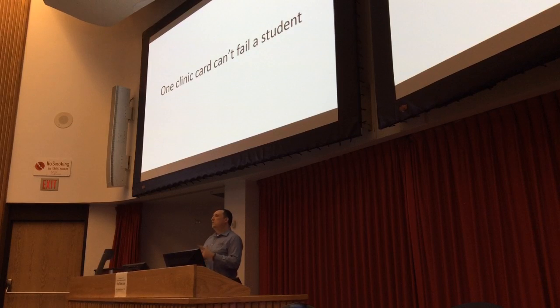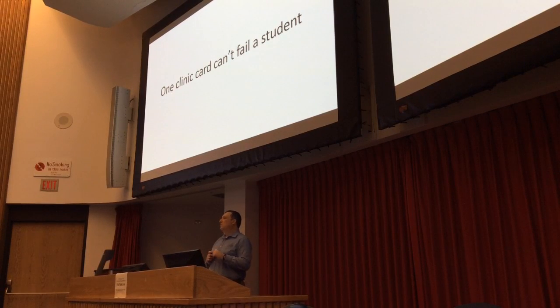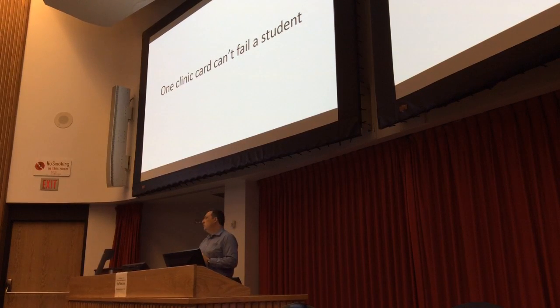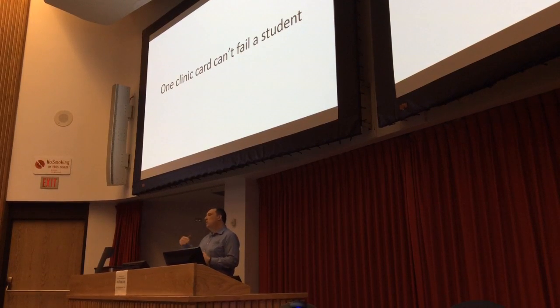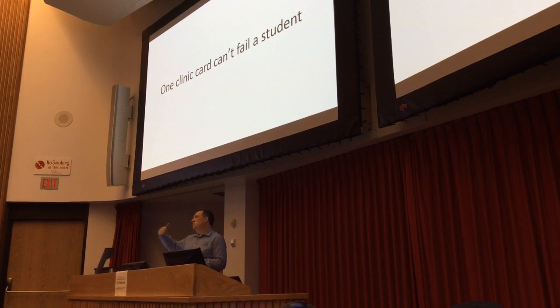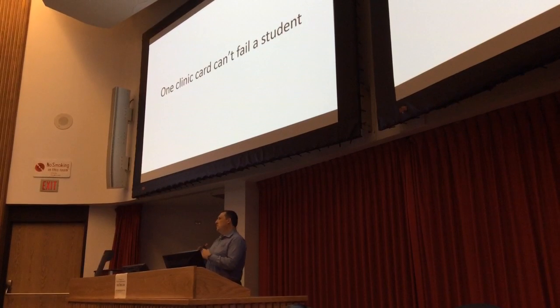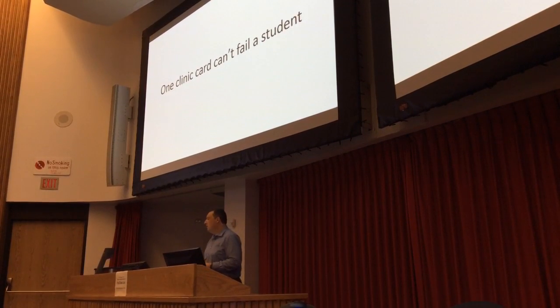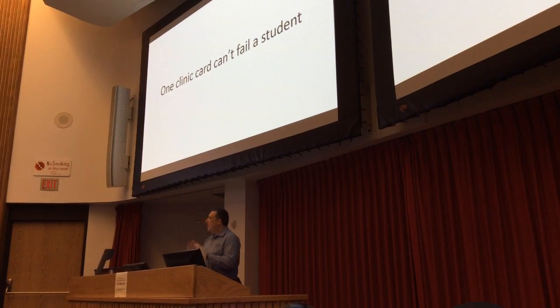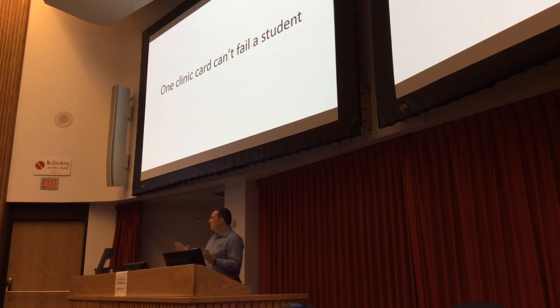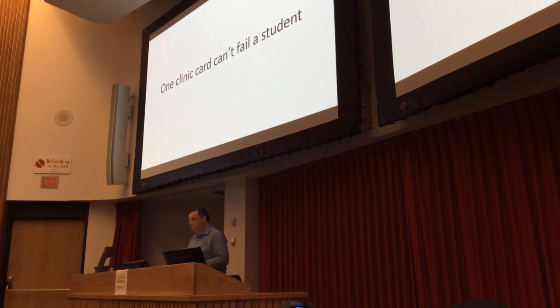So if you have a really, really good card or a really, really bad card for an individual clerk, then that's just part of the picture. What we are more looking for is a trajectory of success or not, as opposed to an individual assessment, which tells us the be-all and end-all of that process. So as always, we're not changing this: one card can't fail a student.